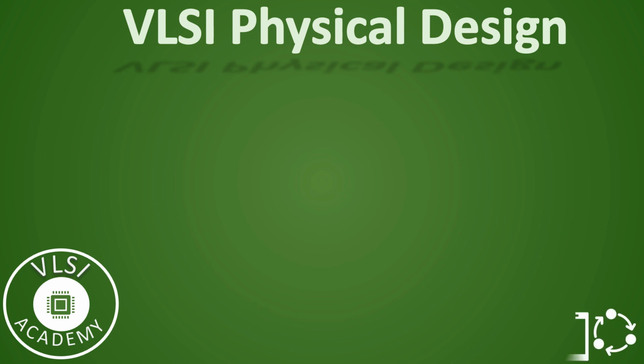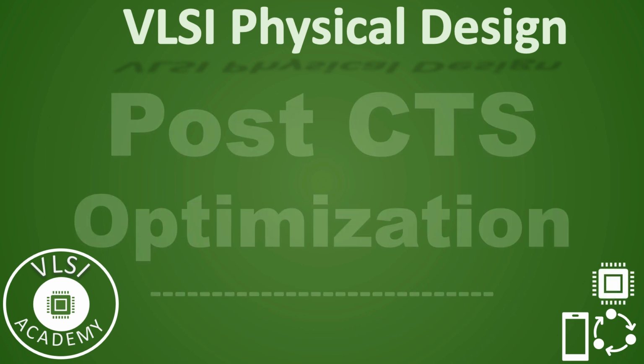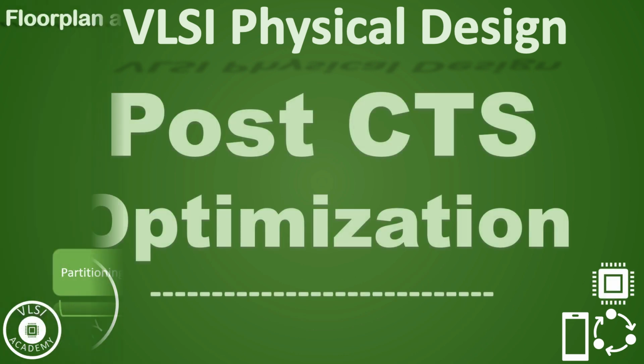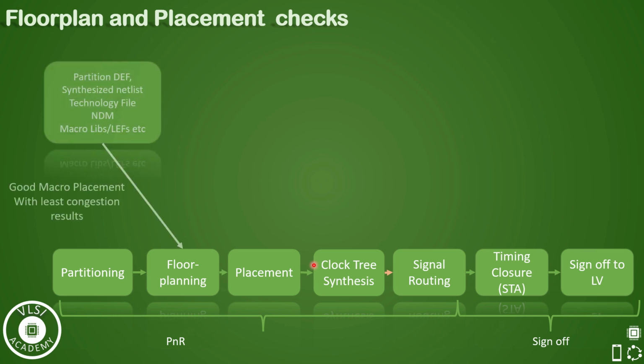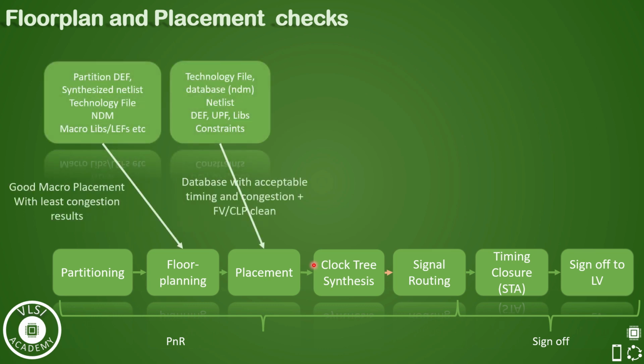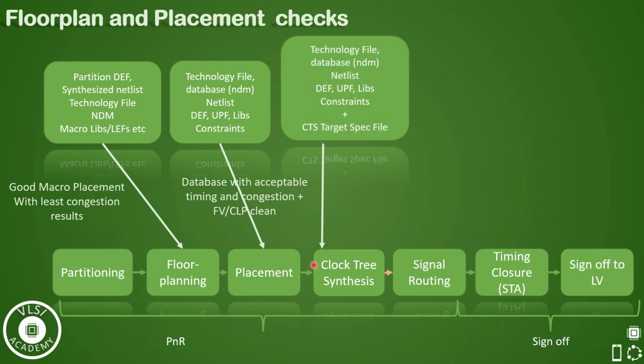We have discussed a lot of topics in the CTS concepts already, and in this video we will see about post CTS optimization. If you have seen our previous videos, then you must have come across this VLSI spectrum at least once, which we have designed here, and we have discussed floor planning and placement stage inputs and the bare minimum requirements to qualify for that particular stage before proceeding to the next one.